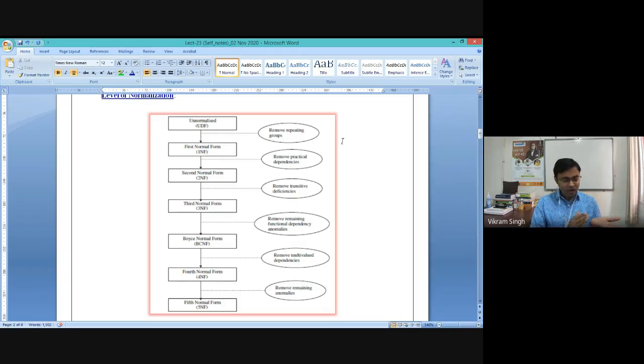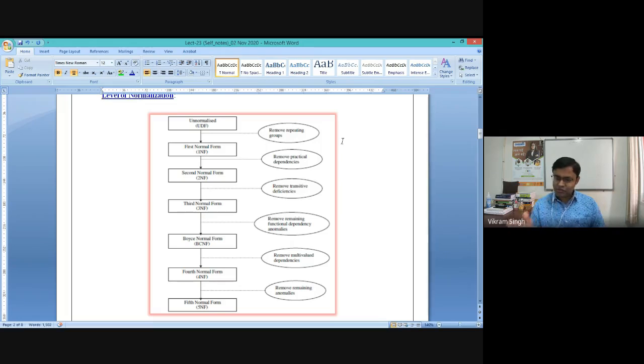Now we have to normalize into the next possible state, which is called first normal form. So if a data table is unnormalized and you want to make it a better relation, we have to normalize this database table into first normal form. In going from unnormalized to first normal form, we will apply some constraint or condition on this database table.